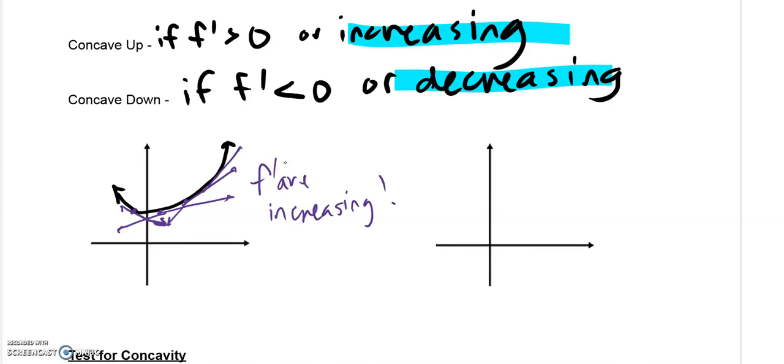And I should fix this up here real quick. If the second derivative is greater than 0 it's increasing, and if the second derivative is less than 0 it's decreasing, right? So in this case, since these slopes are always increasing, then that would mean that our second derivative is always going to be bigger than 0. In a case like this, it's concave up.